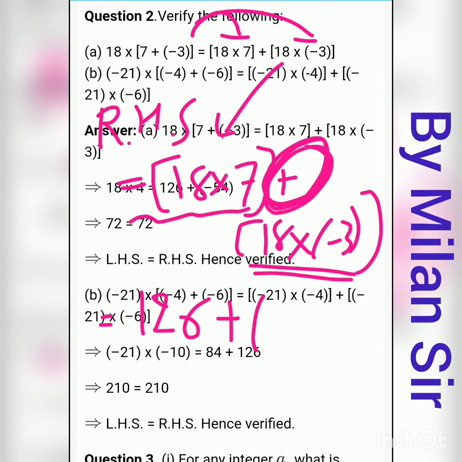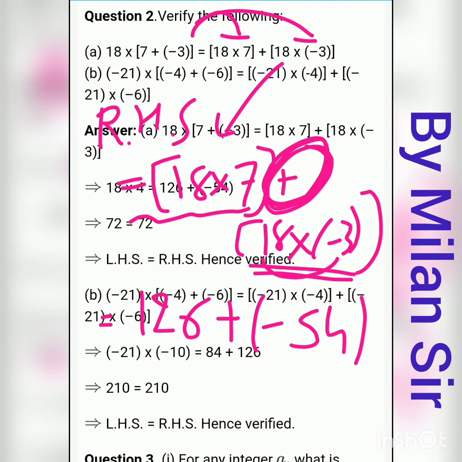First the multiplication: 18 multiplied by 3 is 54, right? 18 has a positive sign, 3 has a negative sign, so plus minus minus 54. 18 threes are 54, plus minus minus 54.